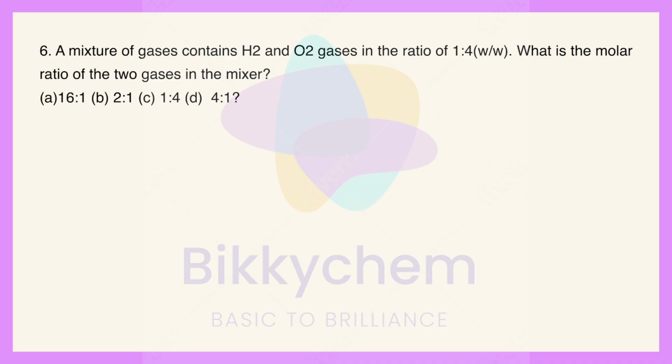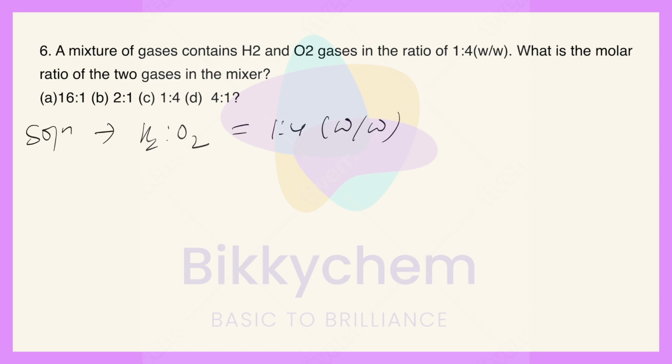Okay, we have a question. A mixture of gases contains H2 and O2 gases in the ratio of 1:4 weight by weight. What is the molar ratio of the two gases in the mixture? The given is H2 to O2 is 1:4 ratio by weight.